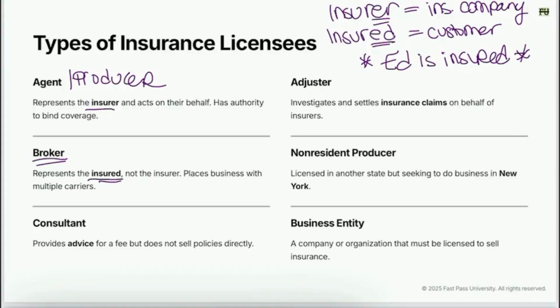All right. A consultant is anyone who provides advice for a fee, but they may not sell policies directly. They would still need to be licensed. If they are providing advice for a fee, even if they are not selling policies, they must be licensed.